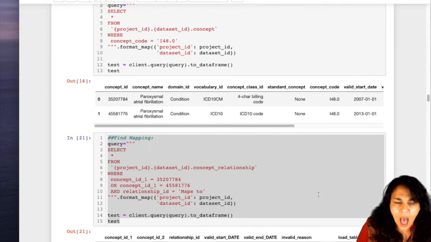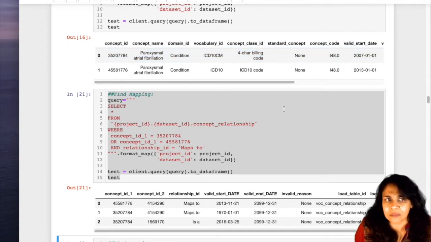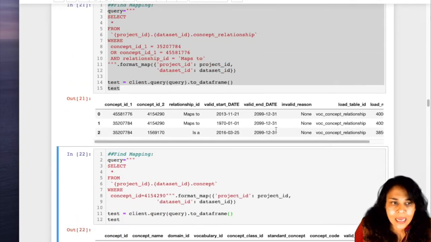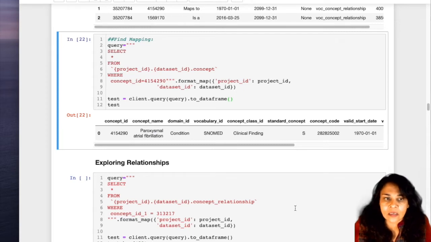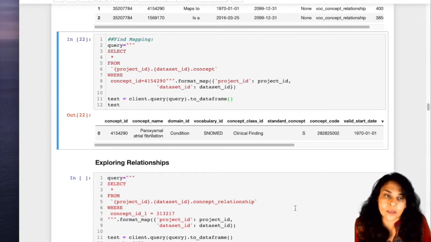But I was looking for atrial fibrillation. So what happened? What is paroxysmal atrial fibrillation? Is that completely different from atrial fibrillation? This is where the disease hierarchy and the ontology of the SNOMED vocabulary really becomes important and useful.